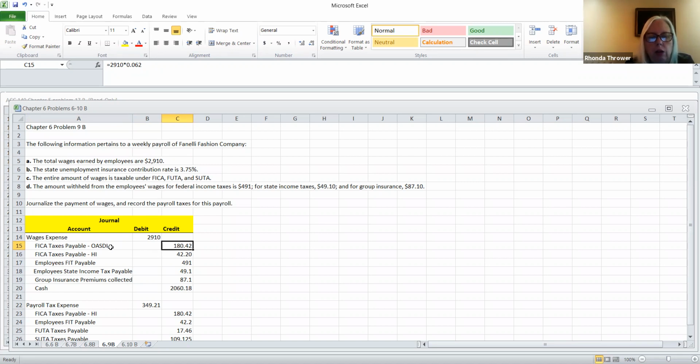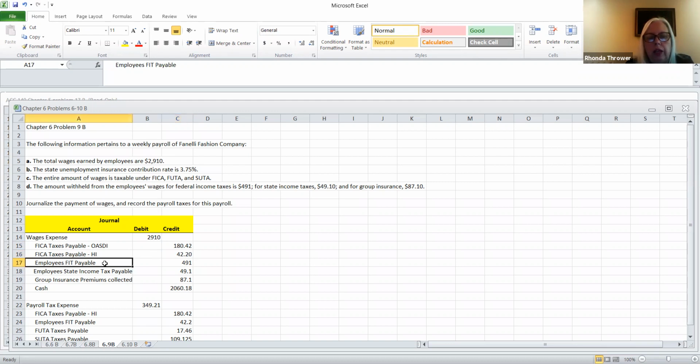We credit the OASDI because it is a liability account and your liabilities are increasing. We're going to do the same thing for our FICA taxes payable. We're going to multiply the $29.10 times the HI portion, which is 0.0145.